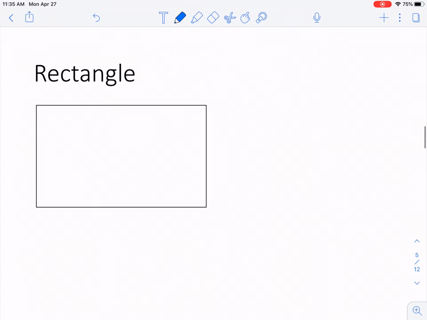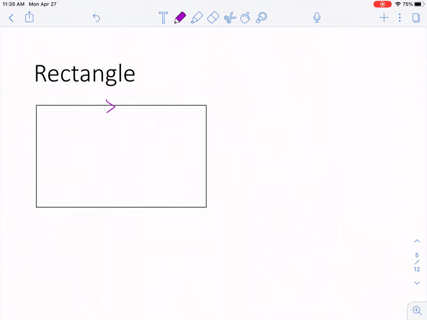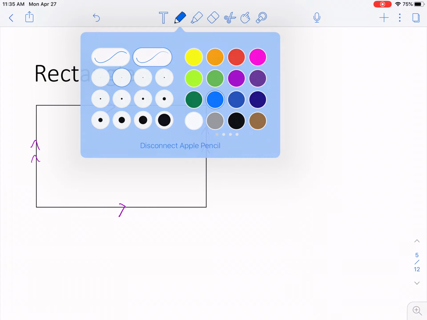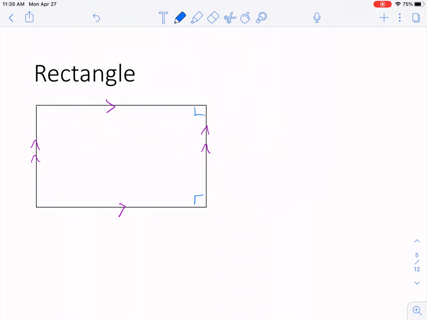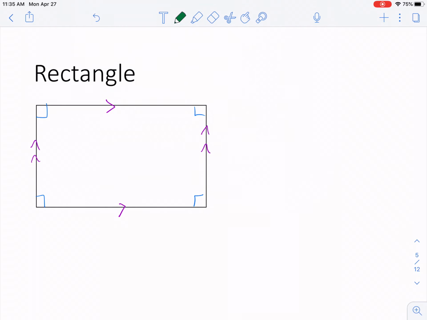All right, so what is a rectangle? A rectangle is similar to a square in the fact that opposite sides are parallel. We also have all 4 sides intersecting at right angles. The other thing is that, let's pick a new color, green.